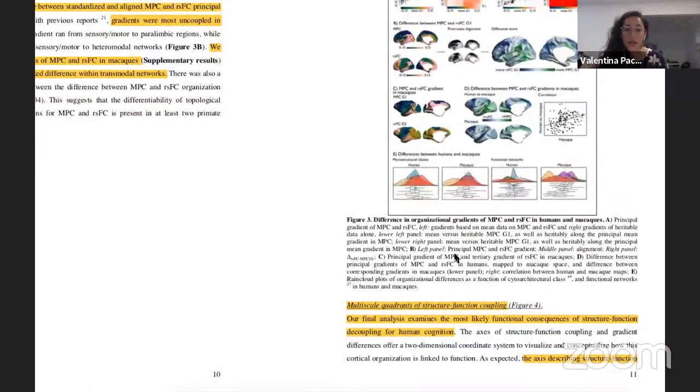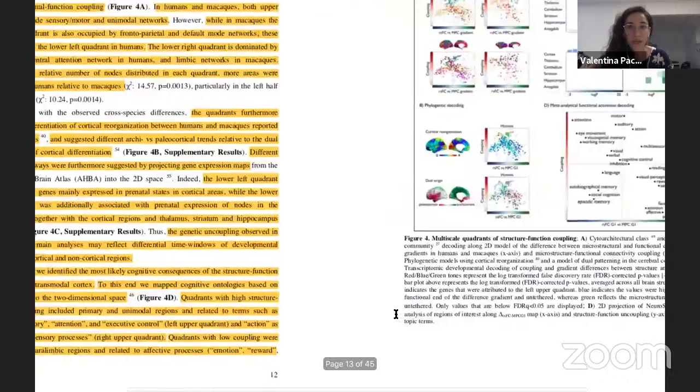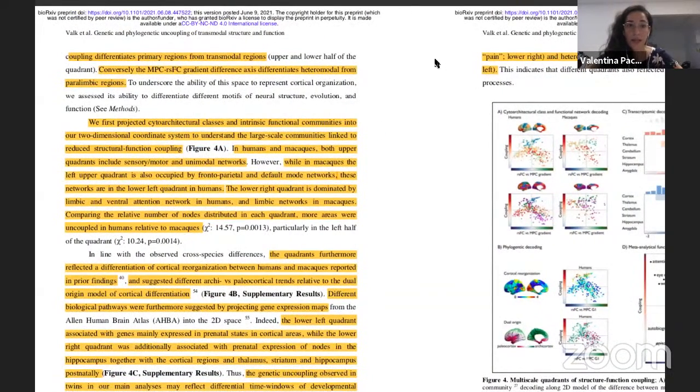Finally, the authors looked for the functional outcome that the structure-function decoupling will cause. And so, via dimensionality reduction again, they plotted the gradient differences in both humans and macaques.